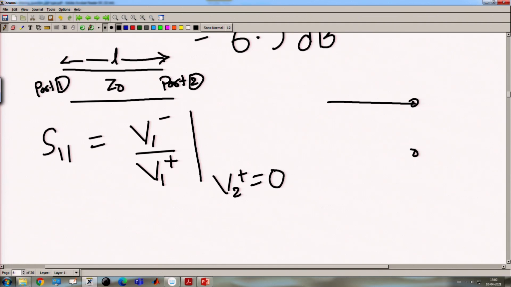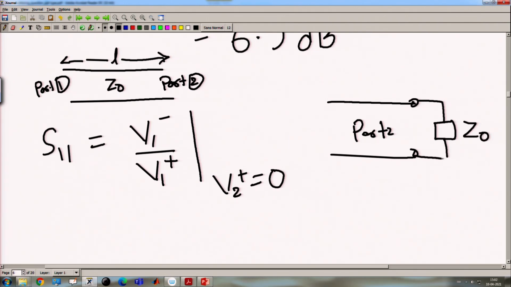That means there will be no wave reflected from the load, so V2 plus equals 0.